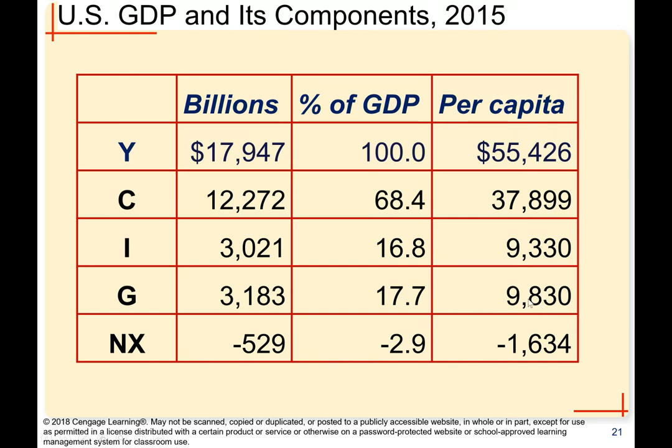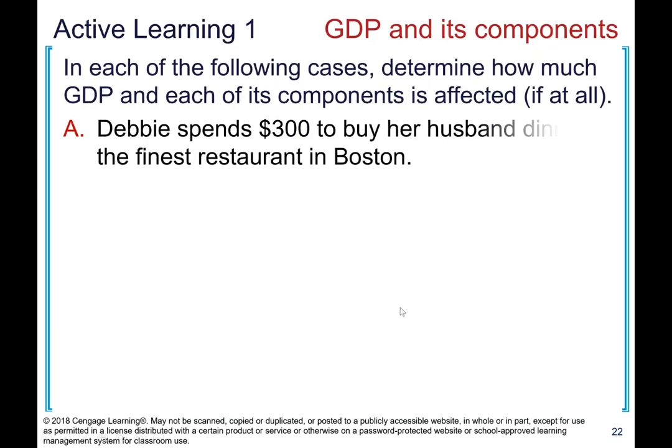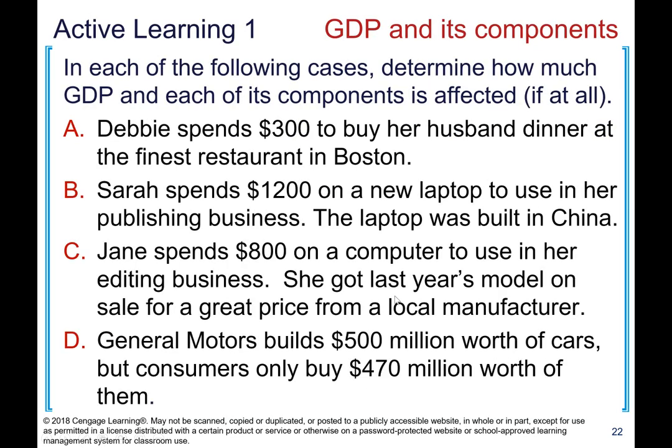Government spending on a per capita basis was 9,830, and net exports was negative 1,634.